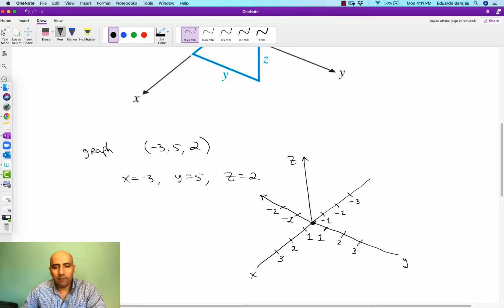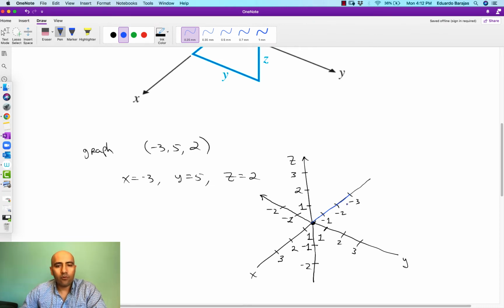The z, the up and down, okay, so go up, this value is +1, +2, +3, so on and so forth. And then down this way would be the negatives. So down this way is -1 and -2, and so on and so forth. Okay, so let's put it in blue, -3 for x means that we go back this way.